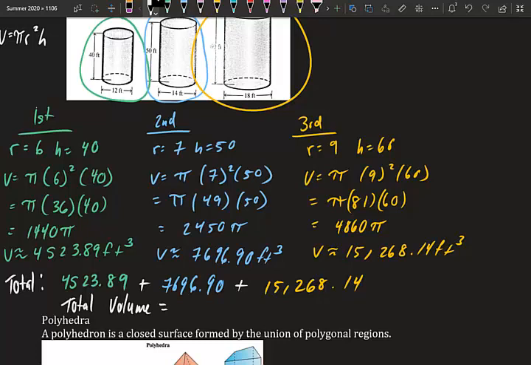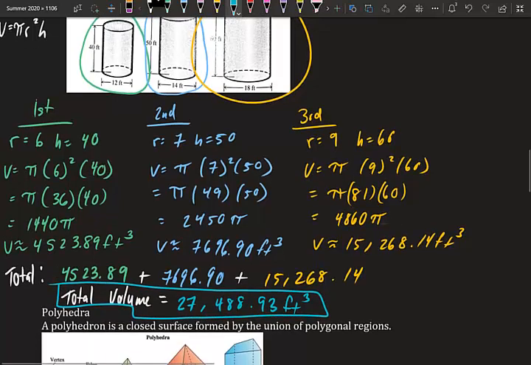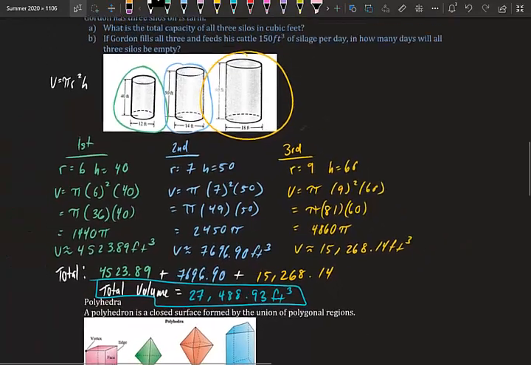I'll write it in a different color so we can see it: 27,488.93 feet cubed. So that is the total volume of all three silos, all three cylinders. So that was part A.